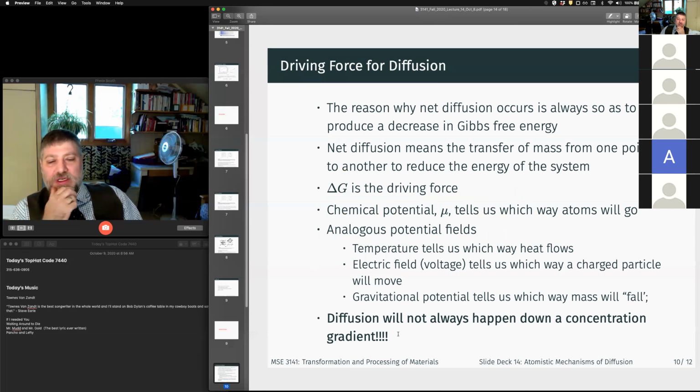But it's important to realize that when we're talking about this, the driving force is not necessarily the concentration gradient, right? That's what you learned in chemistry 1, right? If you put ink in water, it diffuses in a direction that's given by the concentration gradient. Diffusion will not always happen down a concentration gradient. It's going to happen in the direction of chemical potential, right?